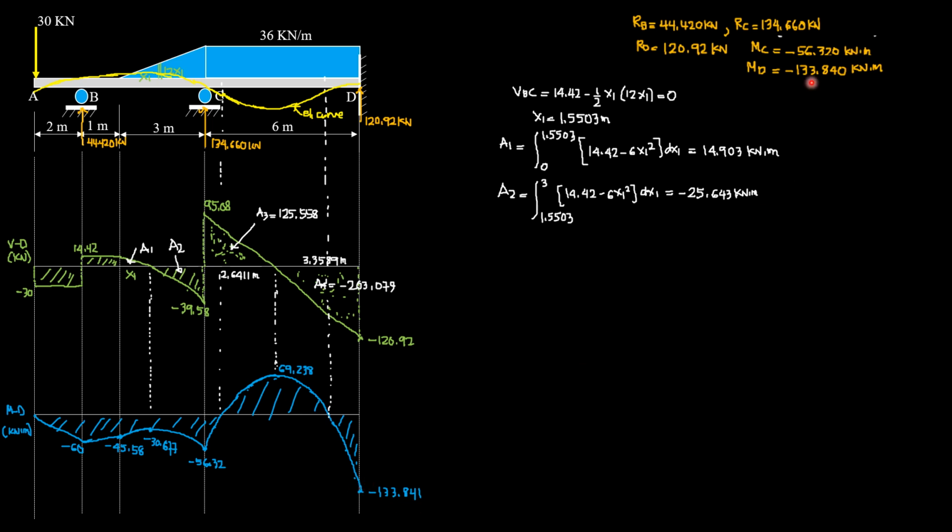And that's the moment at D, negative 133.840 kilonewton meter. So the very, very small discrepancy is obvious because of rounding of values. So it closes. Then we project these points because these are the points of inflection, points where concavity changes direction.